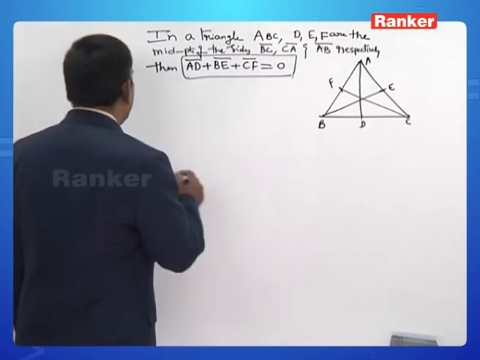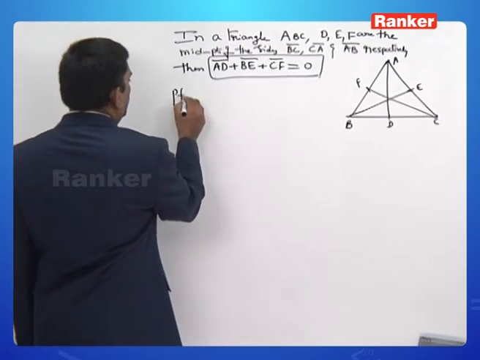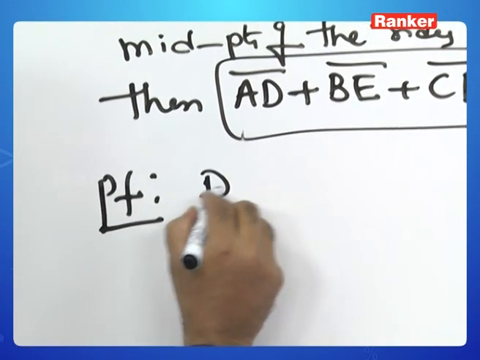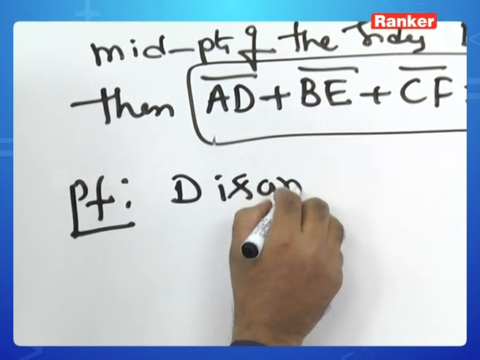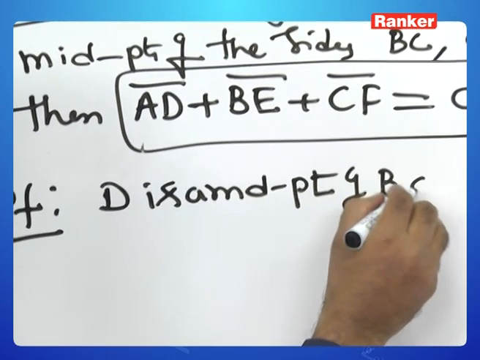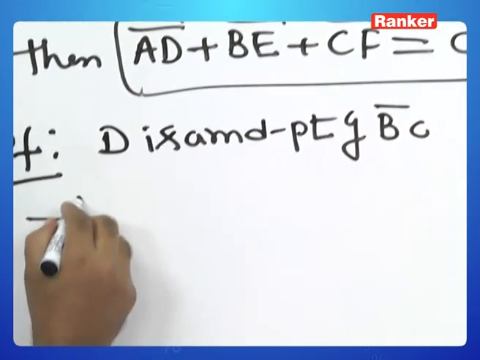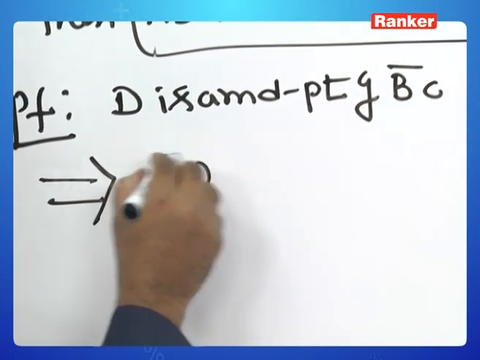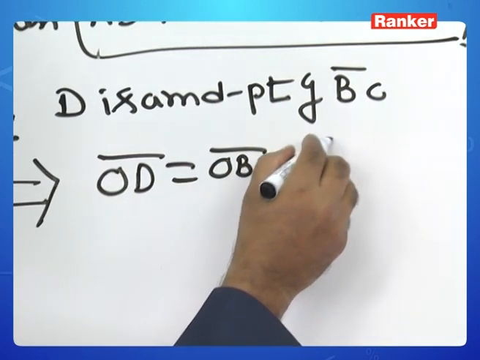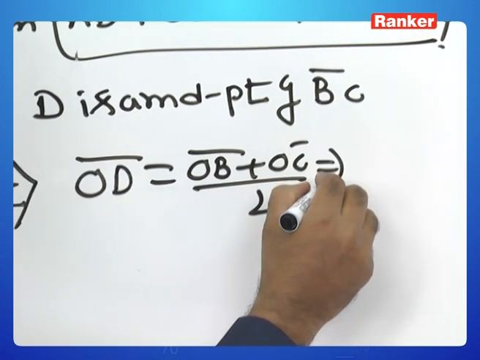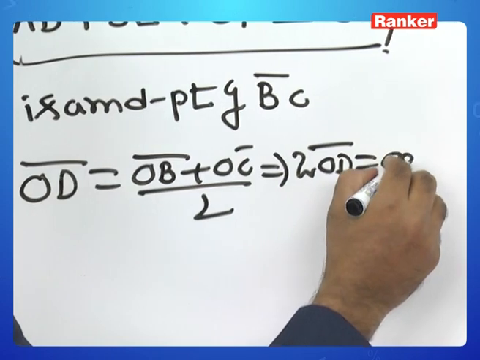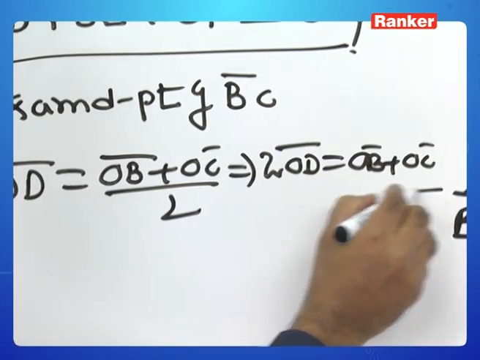What I do is, now the proof of this one: D is the midpoint of BC bar, which implies OD bar is equal to OB bar plus OC bar by 2. 2 into OD bar is equal to OB bar plus OC bar.